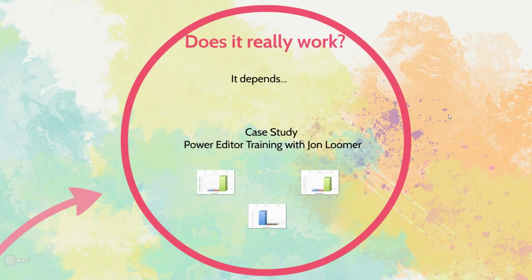But let me give you an example of a case study. In this case, it's a training. So this is Power Editor. This is part of Facebook as well. This is more advanced, so I will just skip it. But Power Editor is also for managing your campaigns, managing your results, and analyzing things.